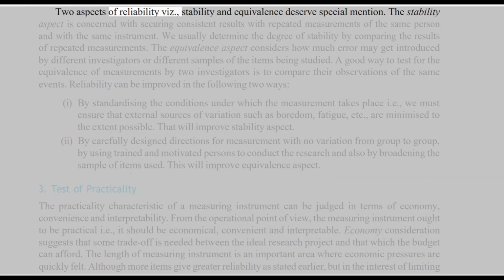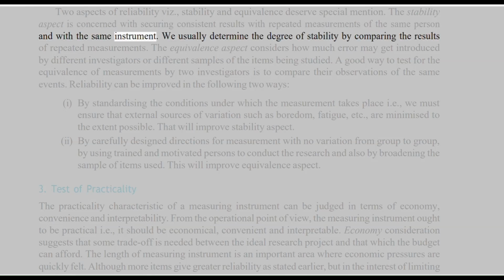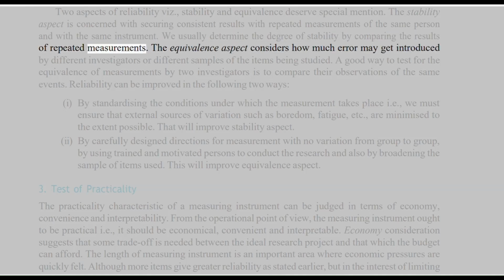Two aspects of reliability, viz., stability and equivalence, deserve special mention. The stability aspect is concerned with securing consistent results with repeated measurements of the same person and with the same instrument. We usually determine the degree of stability by comparing the results of repeated measurements.